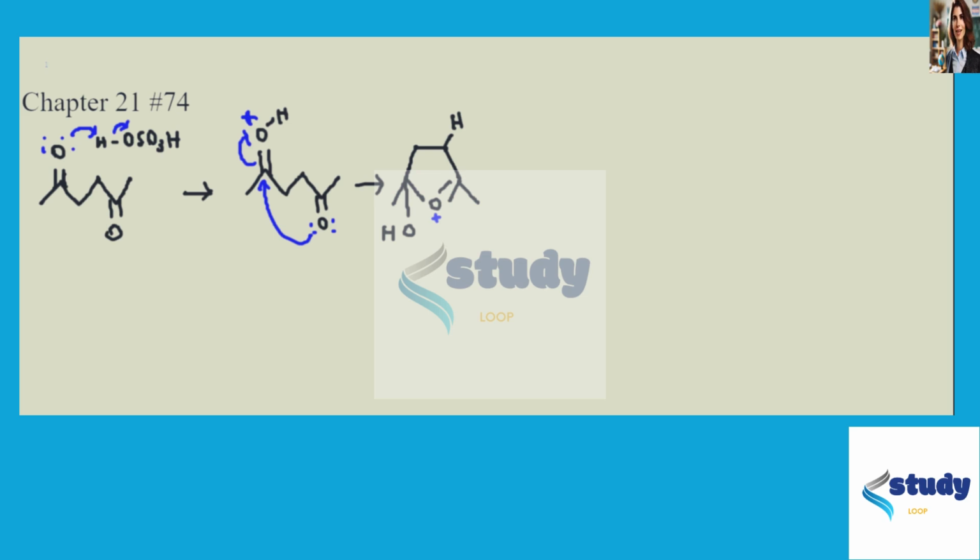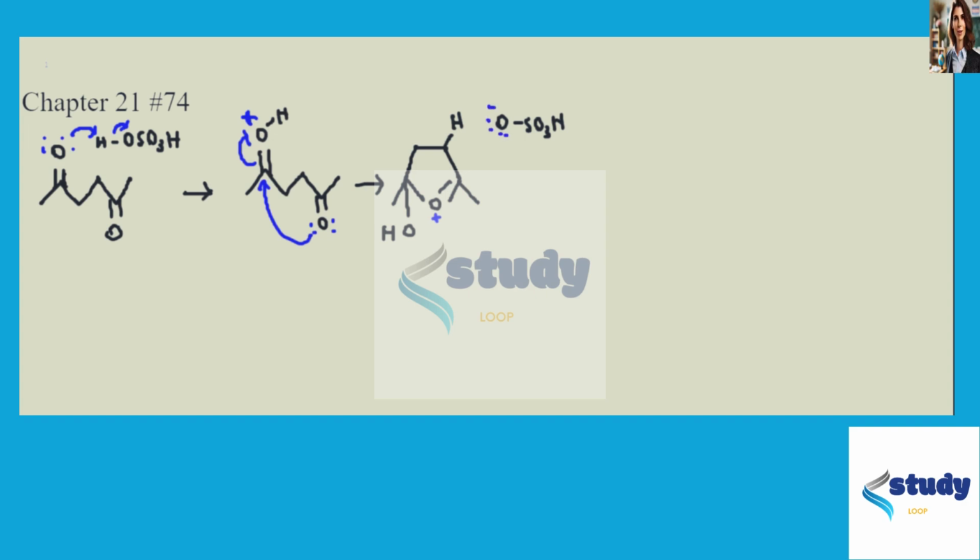In order to relieve that plus charge on the oxygen and to form the first of the double bonds in our furan, we can use the conjugate base of the sulfuric acid that we used in the first step. So it has a negative charge.